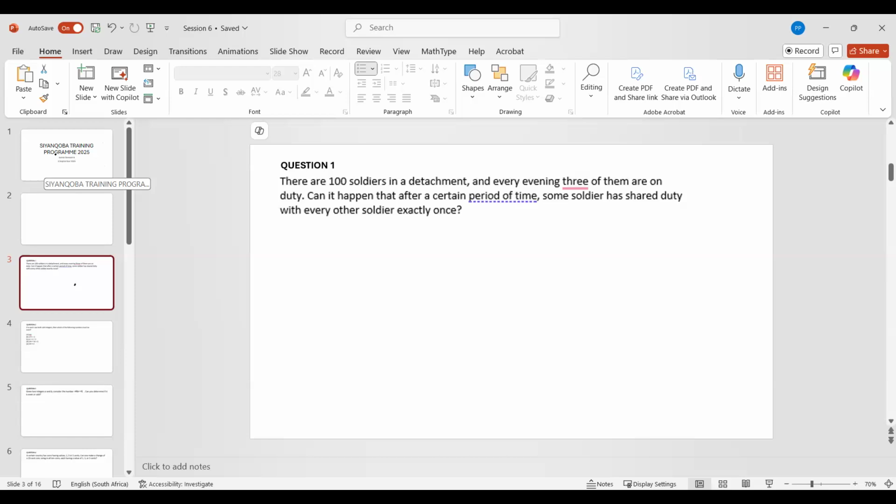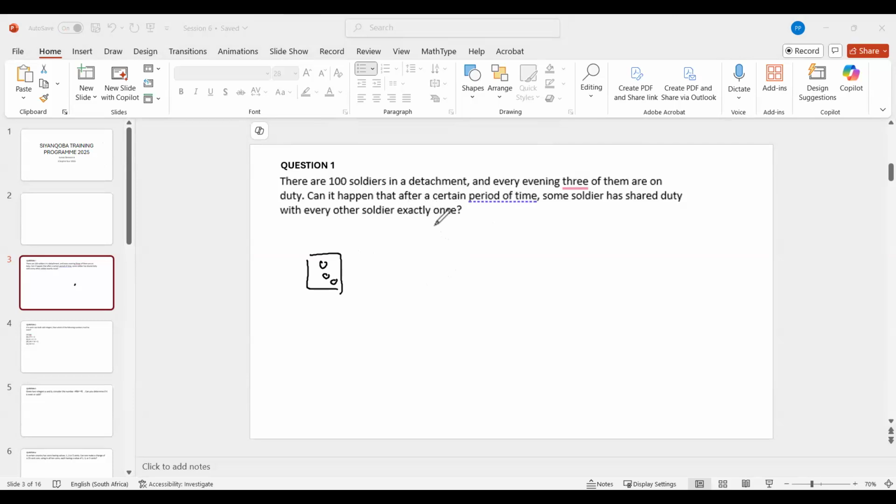There are 100 soldiers in a detachment. See, detachment is a term in an army, with soldiers in a detachment. And every evening, 3 of them are on duty. So let me just put this down: the three men are on duty in a guardhouse every evening.